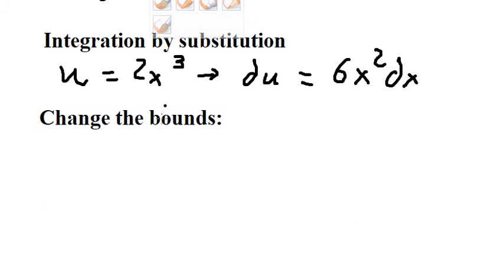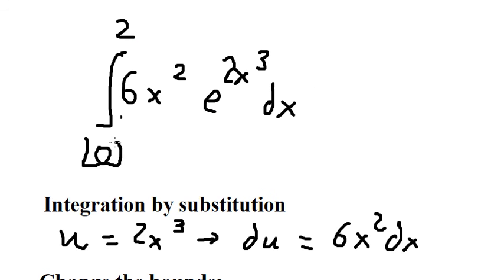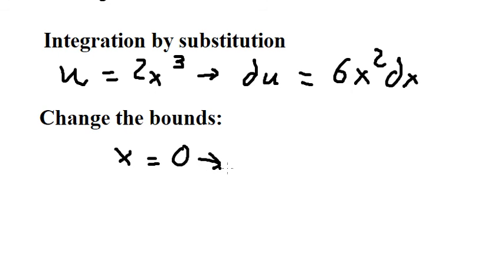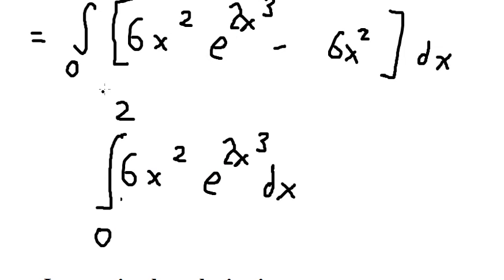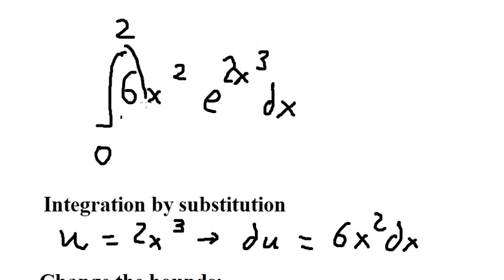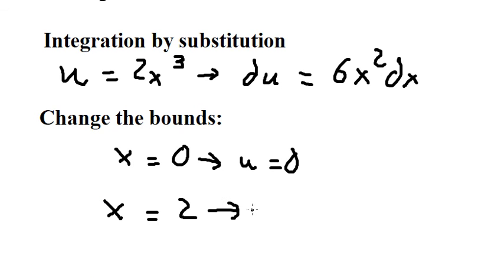When s equals 0, we put 0 in here, and u equals 0. When s equals 2, we put 2 in here, and we have u equals 16.